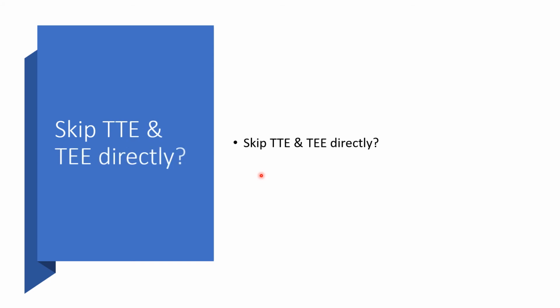The question can be, is it possible to skip TTE and have TEE done directly? The answer is yes. You can jump TTE and go straight to have TEE as the first echo when the individual is already known to have infective endocarditis in the past. So previous infective endocarditis can warrant TEE as the first echo.